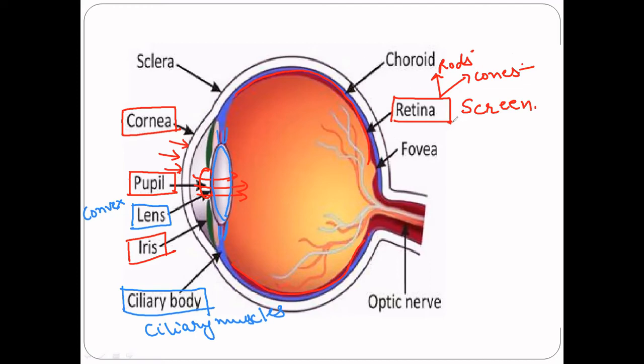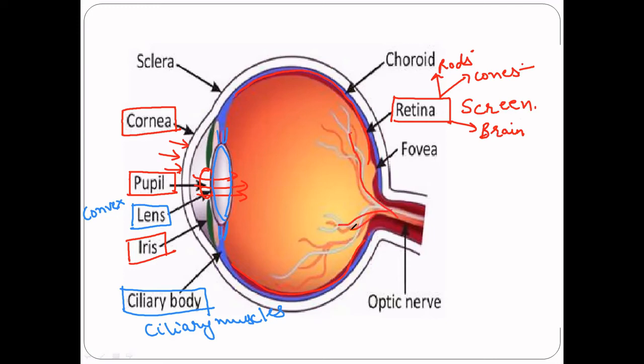The main function of the retina is that whatever light is coming is converted into impulses and sent to the brain. From here, the image is transmitted in the form of optical signals to the brain.